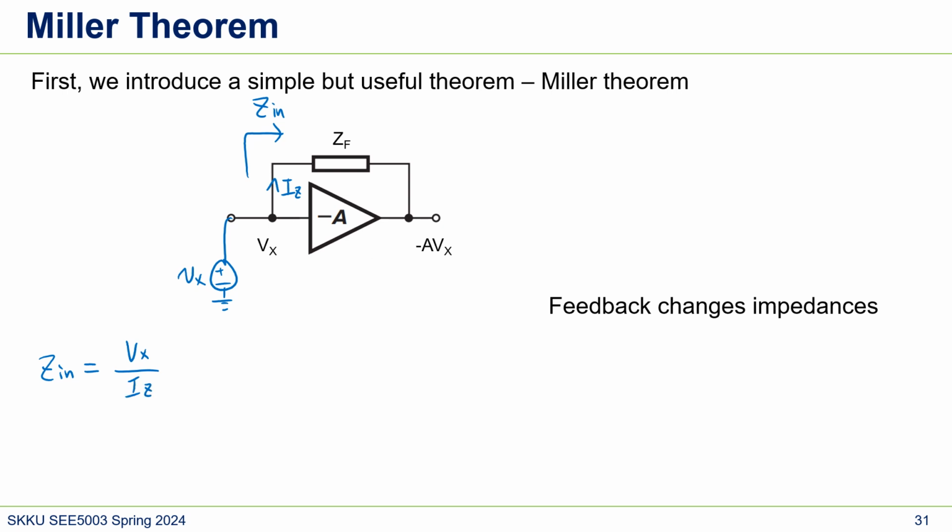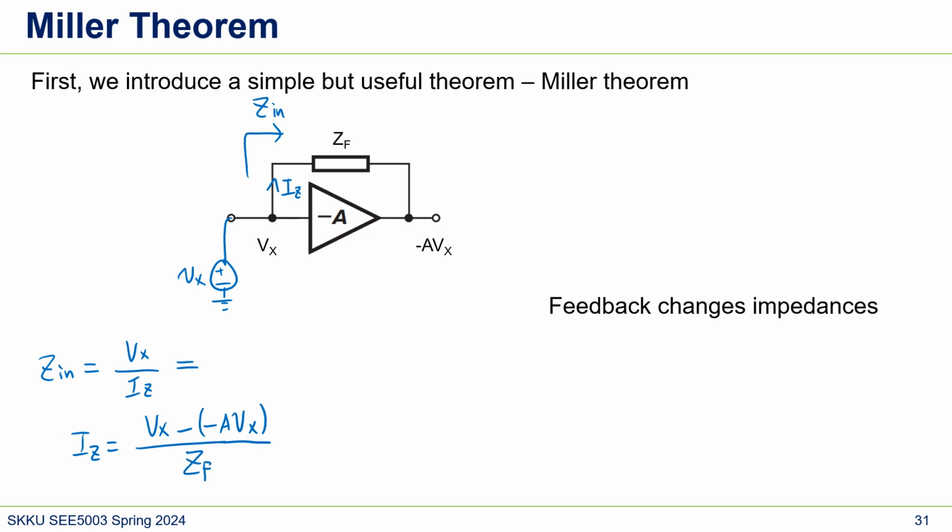And what's Iz? Iz is Vx minus the output voltage, because the current flowing here is the voltage difference divided by ZF, right? So at this node the voltage is Vx, and this node voltage is minus A Vx because of this amplifier. And the denominator will be ZF.